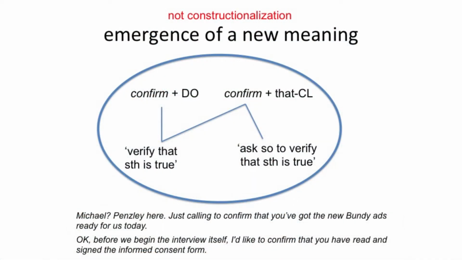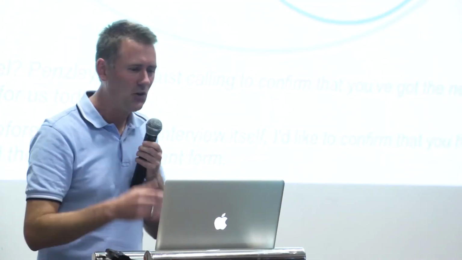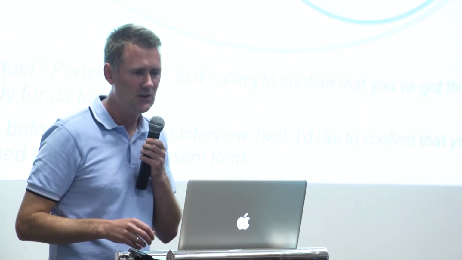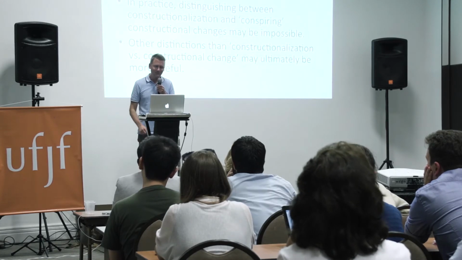It's just paradoxically that the result of these two changes looks like constructionalization. So we have a new form-meaning pair, even though what brought us here is just a combination of two constructional changes. So when is a new construction a new construction?